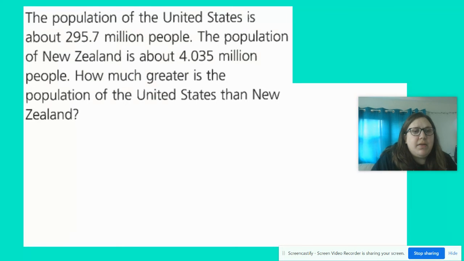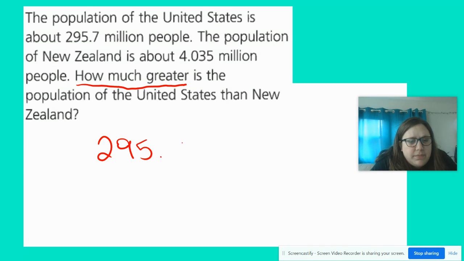Okay, a couple more. The United States population is 295.7 million people. This must have been a while ago because it's well over 300 million now. The population of New Zealand is 4 and 35 thousandths million people. How much greater? Again, so when we see those words, how much greater, that's going to mean subtraction. Again, always lining up my decimals and then adding in my zeros.